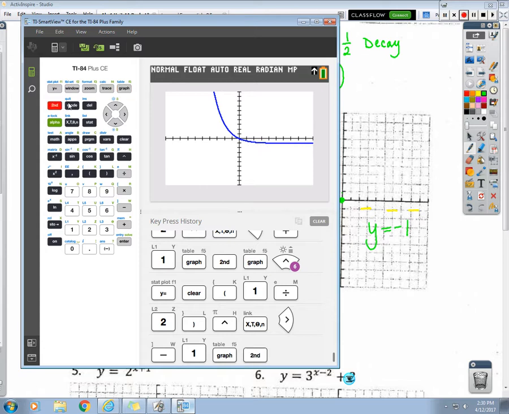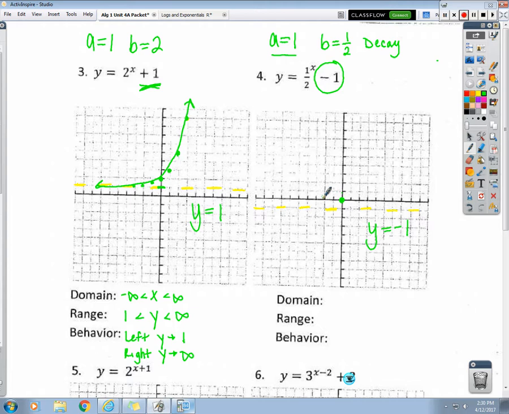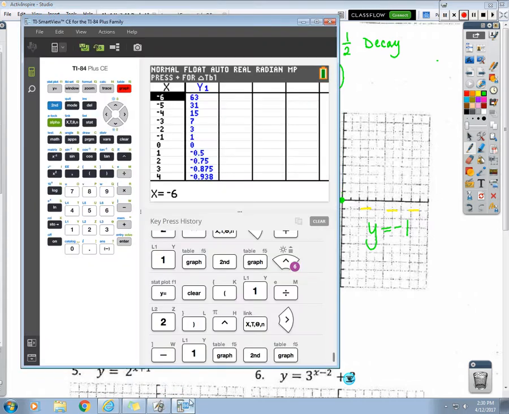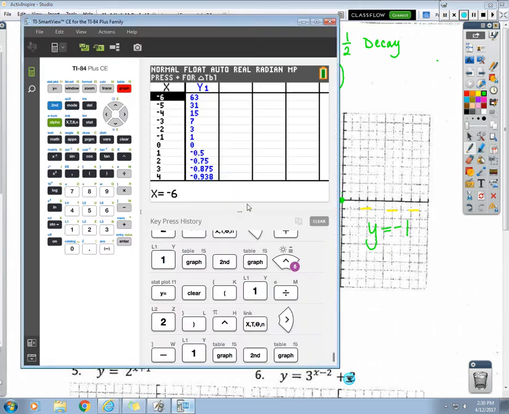And now let's get some points from the table. Let's see, we can do negative 3, 7. So left 3, up 7. We could do negative 2, 3. So left 2, up 3. We could do negative 1, 1.